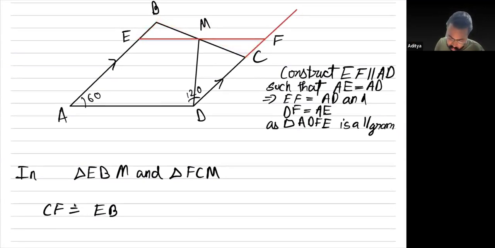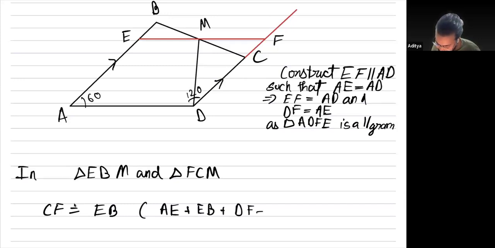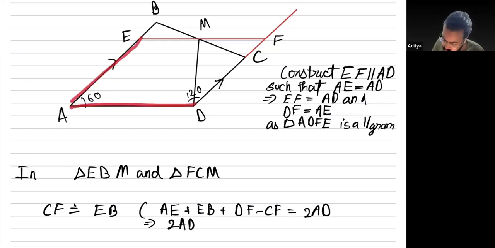Why? Because CF equal to EB. Why is that so? Because AE plus EB plus DF minus CF is equal to twice of AD, because AE is equal to AD is equal to DF.